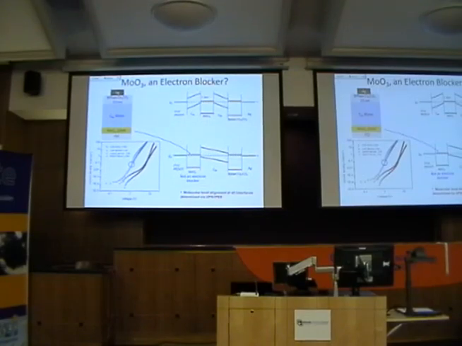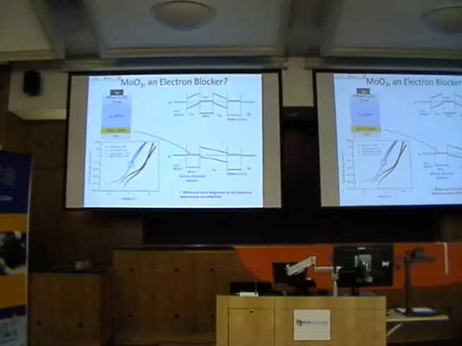So it means that maybe the interface between moly oxide and C60 or something like that is a kind of Schottky barrier junction, and not a recombination layer. Because if it was a recombination layer, the slope of the IV curve should have been changed.